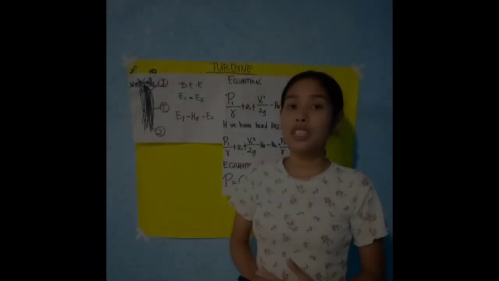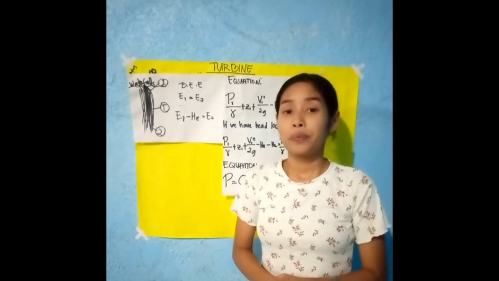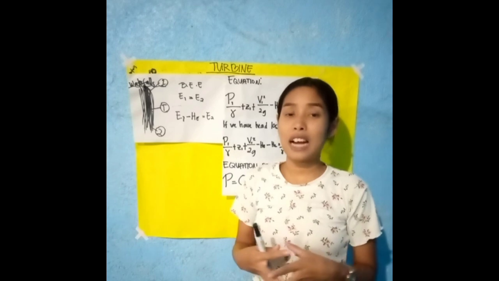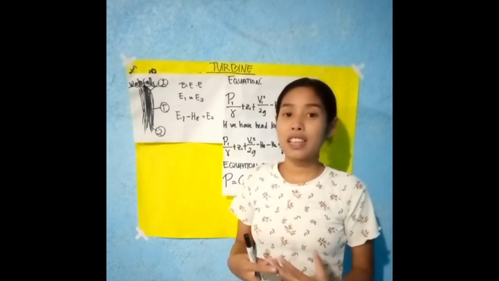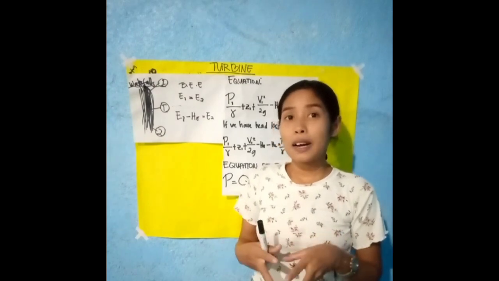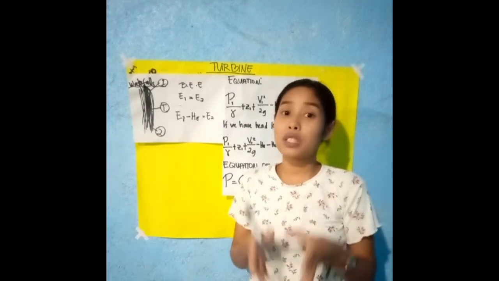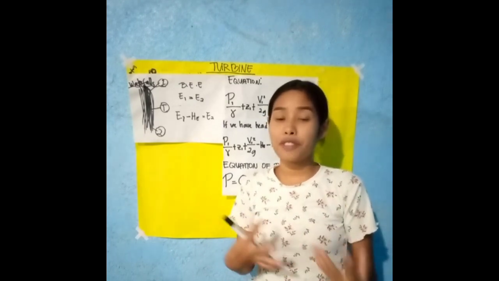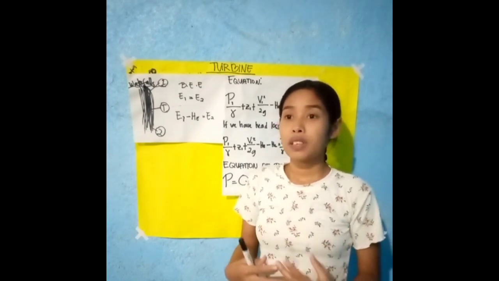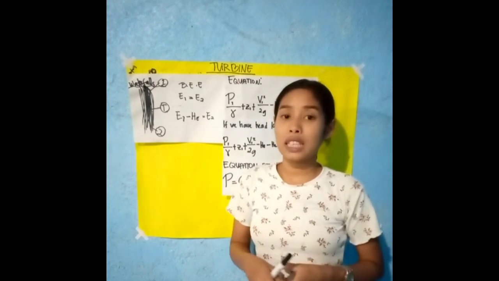Now I'm going to discuss efficiency. What is efficiency? Maybe you have already heard before that there is no machine that is 100% efficient. Meaning if it was designed with a certain capacity, then the output of it is not always the same. There are always losses, or the 100% is not totally given.